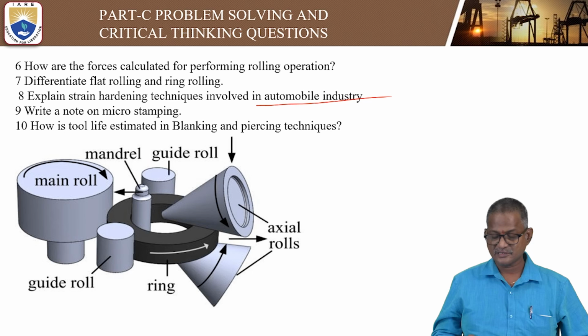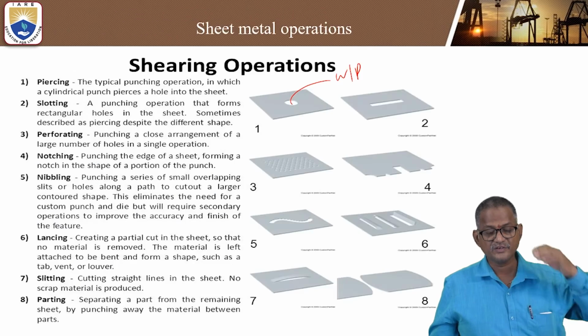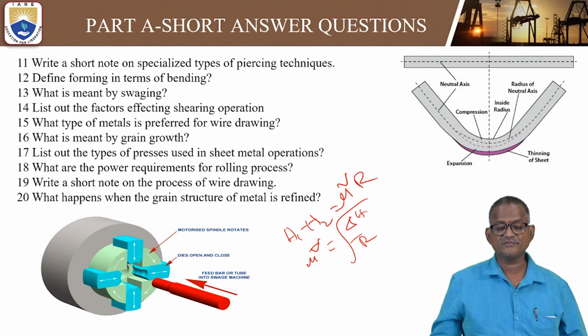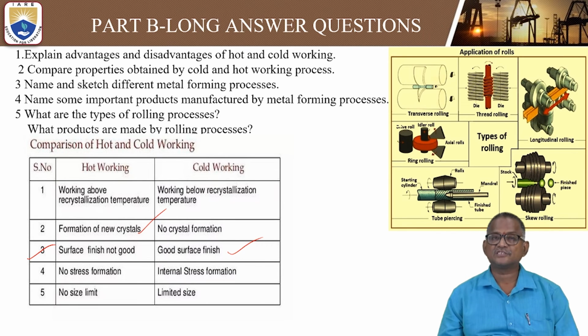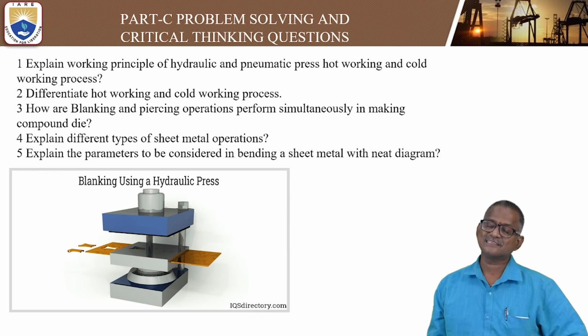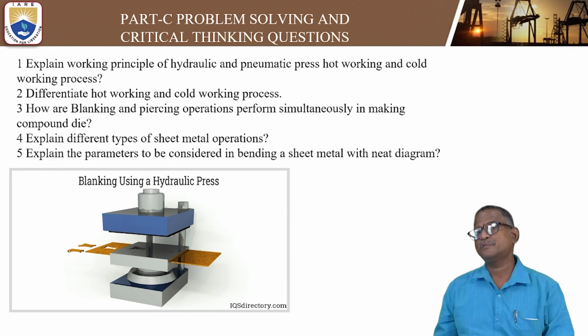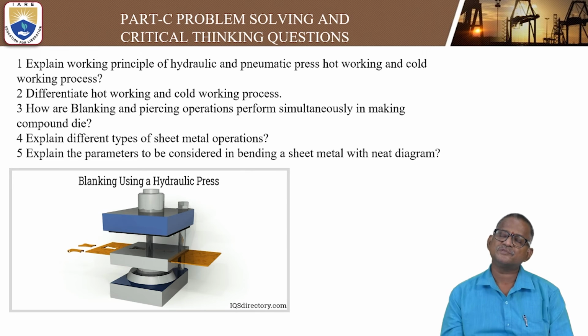Okay, so this is about how the problem solving is in three different parts. The first part consists of short answer questions, second is long answer questions, and third and fourth are problem solving and critical thinking. In problem solving, you have some simple problems.